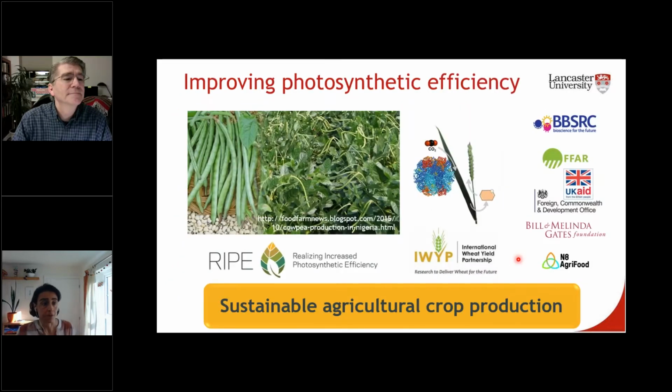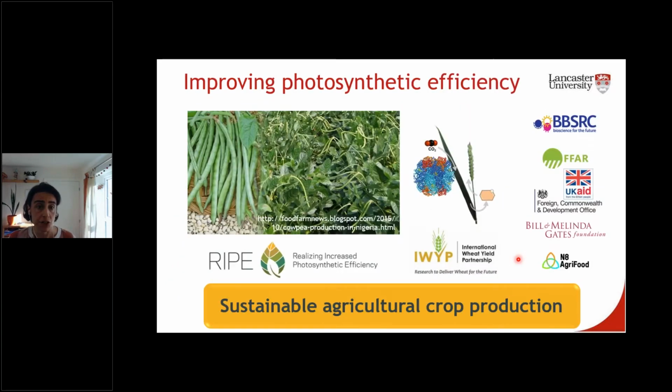Our research aims to improve photosynthetic efficiency, and our key crops of interest are wheat and cowpea. And this research is funded through the BBSRC in the case of wheat, and in the case of cowpea, via the RIPE project, which is funded by the Foundation for Food and Agricultural Research, the Foreign Commonwealth and Development Office, and the Bill and Melinda Gates Foundation.